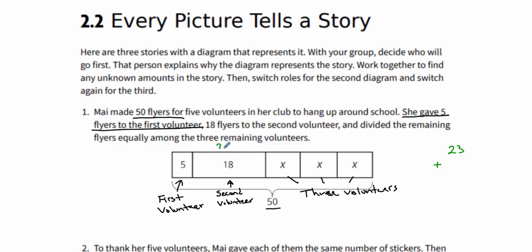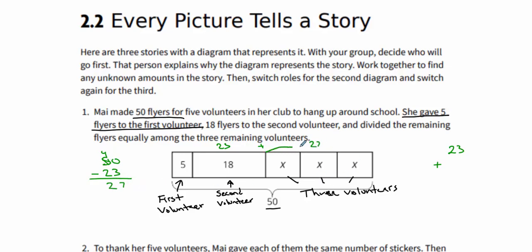So 23 plus something is 50. Let's see how many flyers the three volunteers have altogether. If we take 50 and subtract the 23 flyers, we end up with 27 flyers.